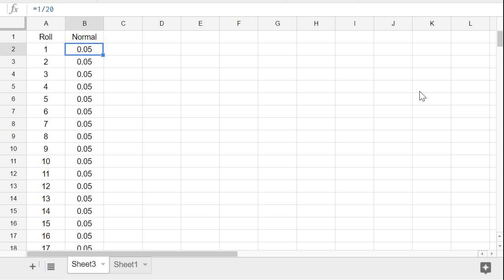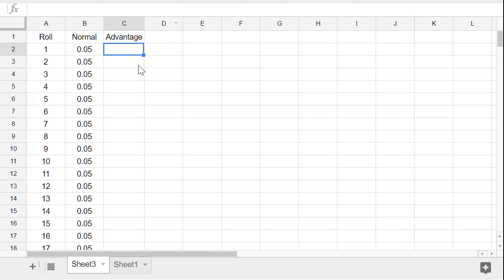So each of these has a probability of 1 in 20. But if you're rolling with advantage, then the problem becomes slightly different.